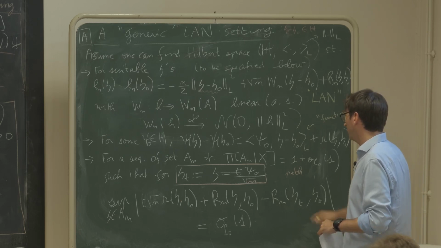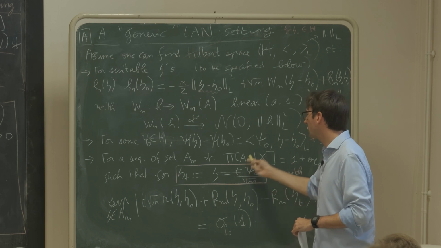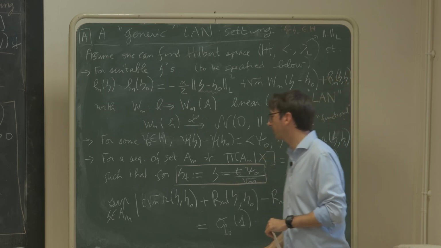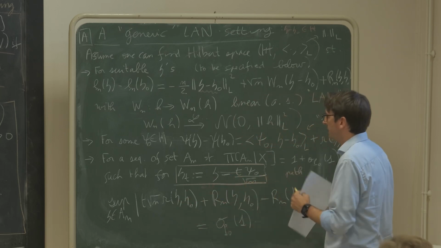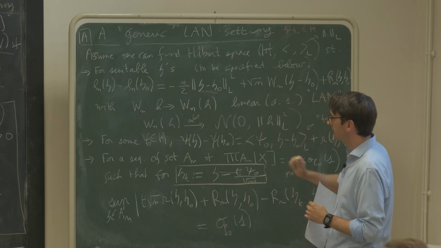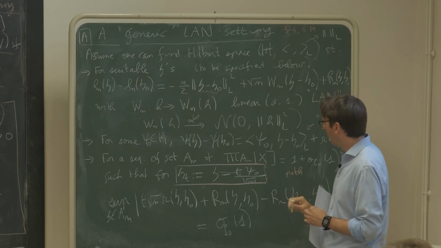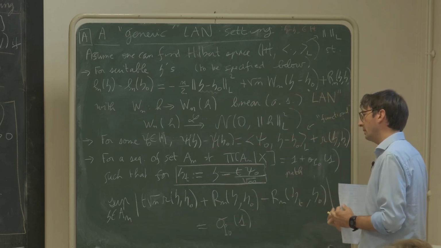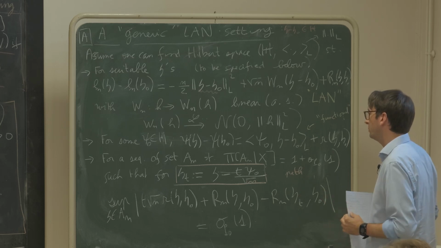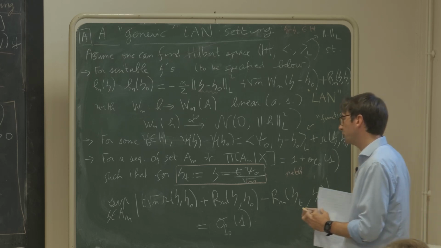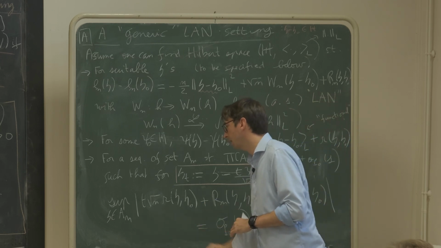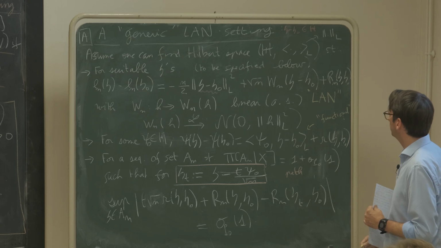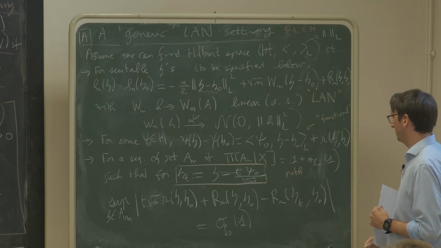And finally, I need these sets A_n, because certainly this will not be true uniformly over all parameters, I want to localize in a sense. But the difference between this and the parametric setting is that in the parametric setting, you are able to localize essentially in a neighborhood of size just a little bit bigger than 1 over square root n, whereas here you will have typically a neighborhood of size epsilon_n, your nonparametric convergence rate of your posterior in a certain sense.